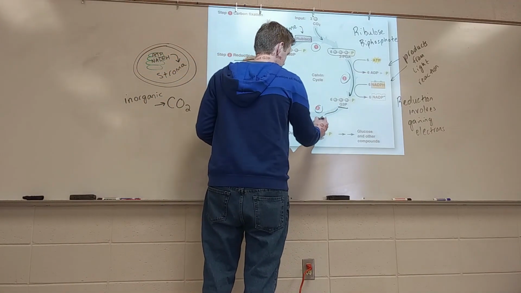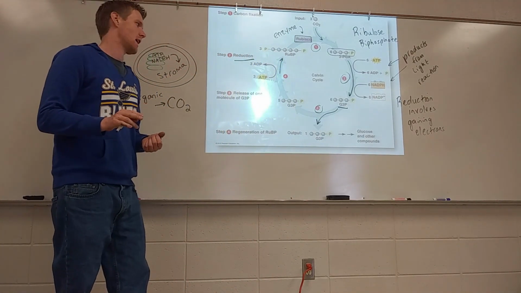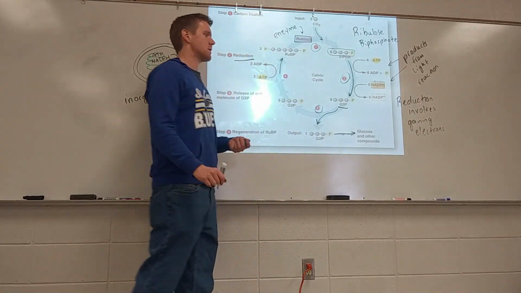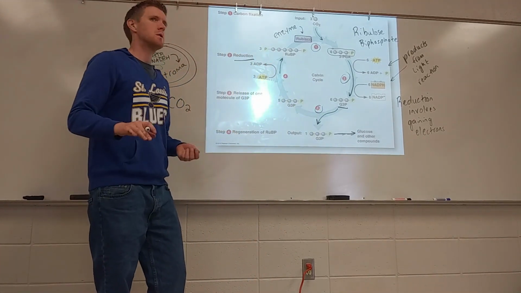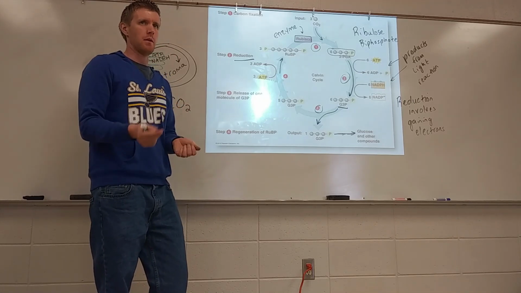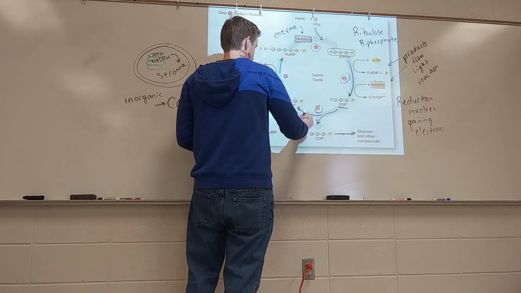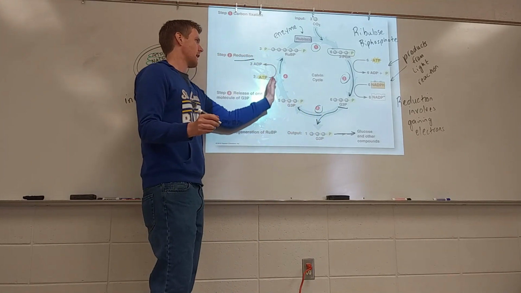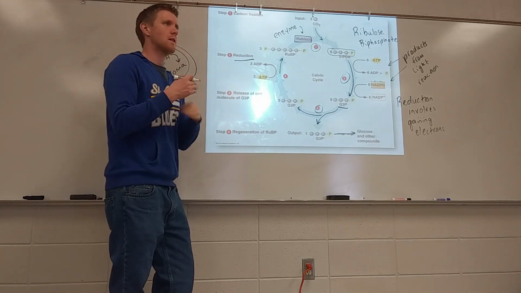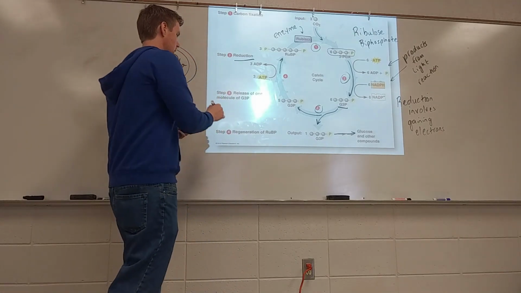Step 3 of the Calvin cycle involves one of those 6 leaving the cycle. One of the 6 leaves the cycle and is used to make glucose, fructose, proteins, etc. It's used to make organic compounds for the plant. The other 5 go back into the cycle, and with the assistance of some ATP are reconfigured into ribulose biphosphate again.